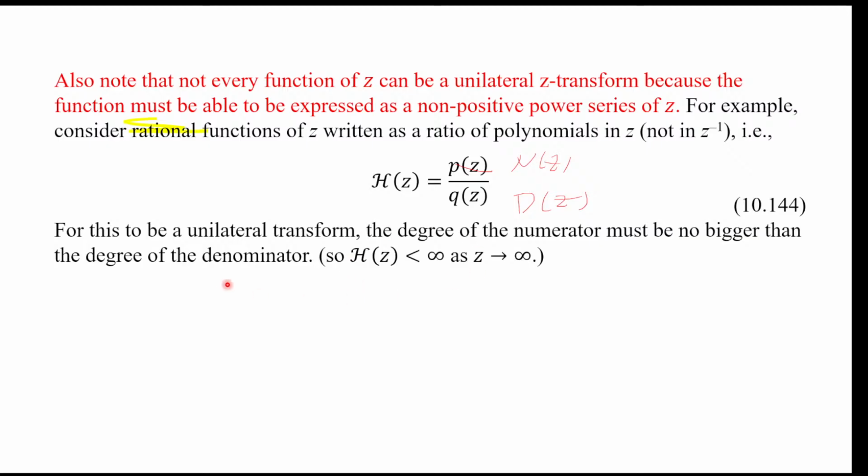Infinity must be inside the RoC. This is the causality property we saw earlier today. So N of z must not have a higher degree than D of z.